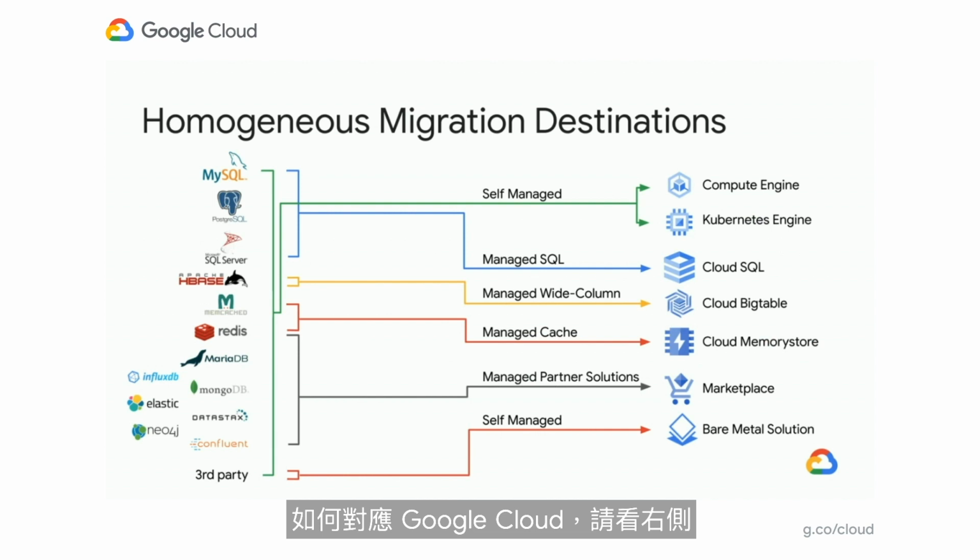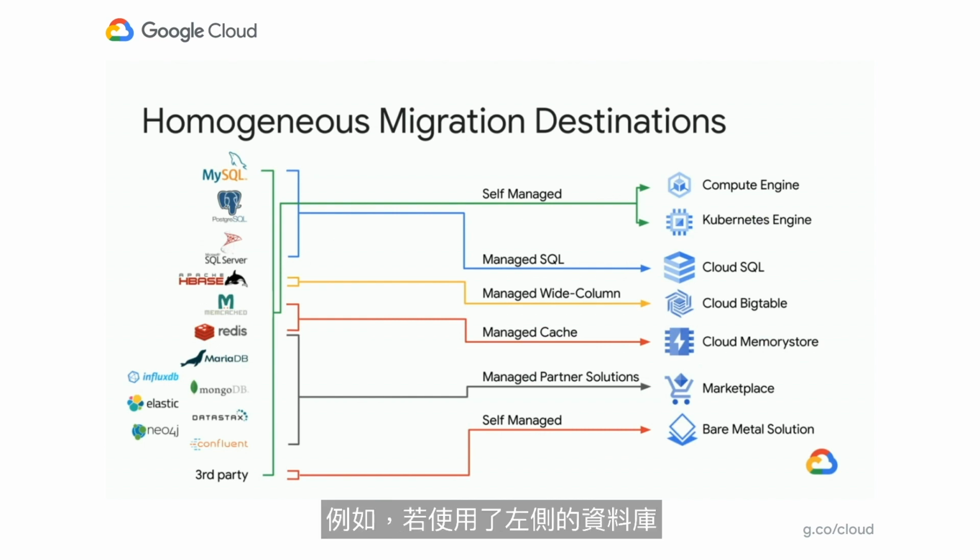So you see on the right, we have infrastructure as a service or managed databases that you can choose to end up with. Especially for homogeneous migration, you want to look if your database is either supported by our fully managed services, or you can also get help from our managed partners to go into those solutions.